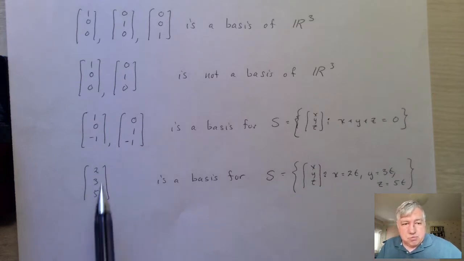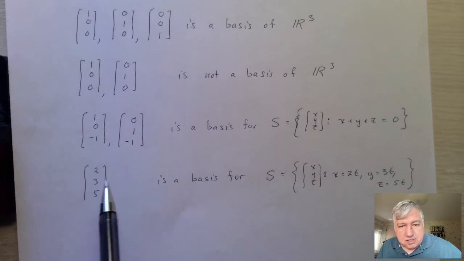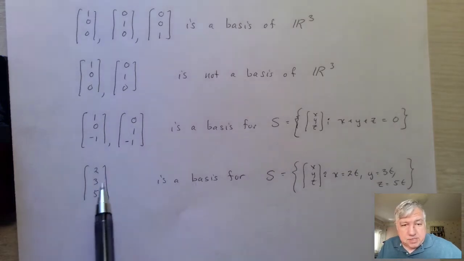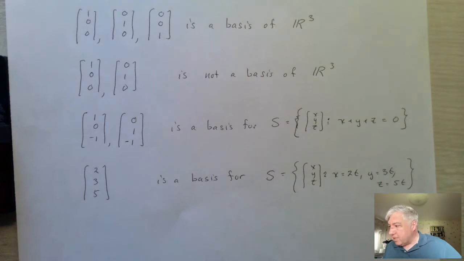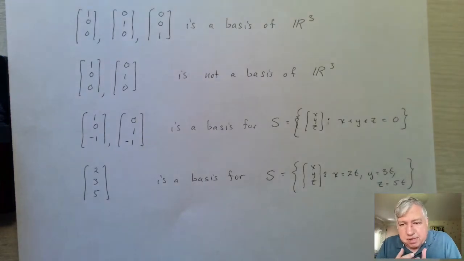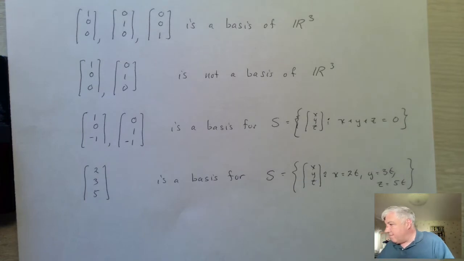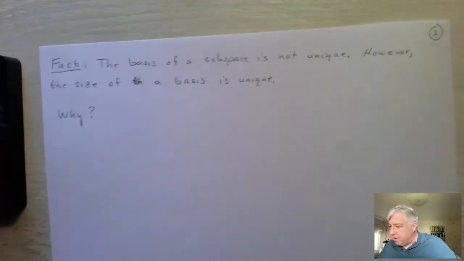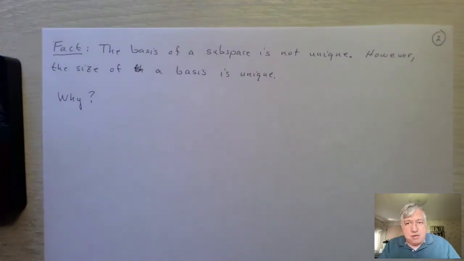So here we have a subspace in which a basis consists of a single element. All right, so there are lots of bases for different subspaces. However, we're going to see now that even though the basis of a subspace is not unique, the size of the basis is unique.